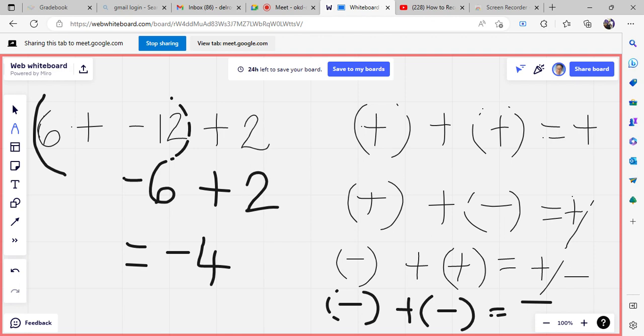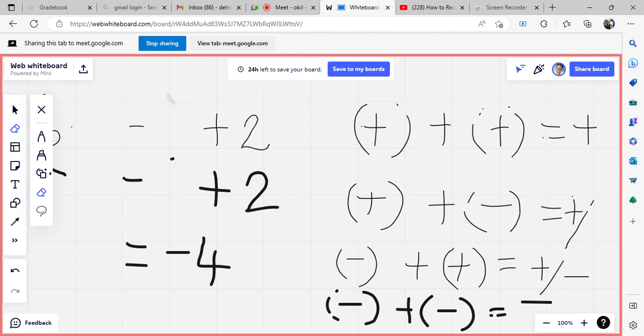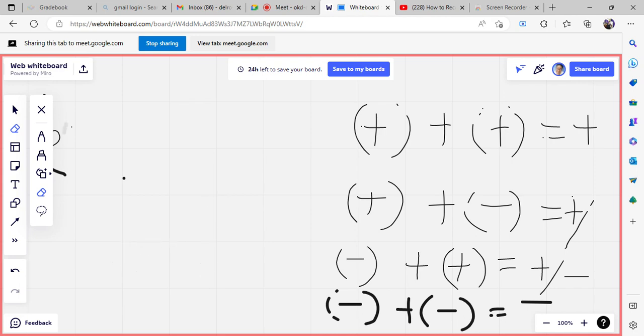All right. I am going to do another example for you. So let me erase this one so that we can do a second example. I want you to pay close attention to what I am doing.